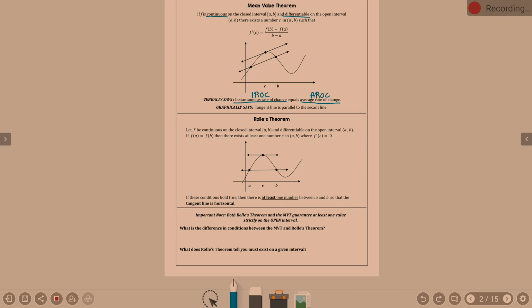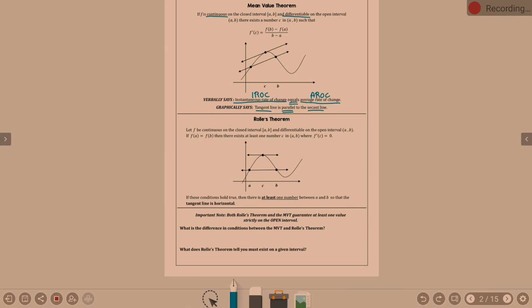So f prime of c is IROC, and f of b minus f of a over b minus a is AROC. So the idea is that the slope of the tangent line is equal to the slope of the secant line. Graphically, the tangent line is parallel to the secant line. Those are the different pieces we have here.